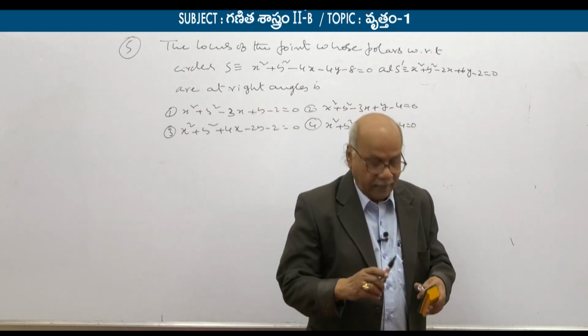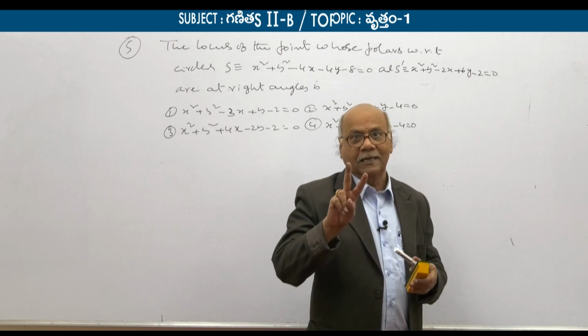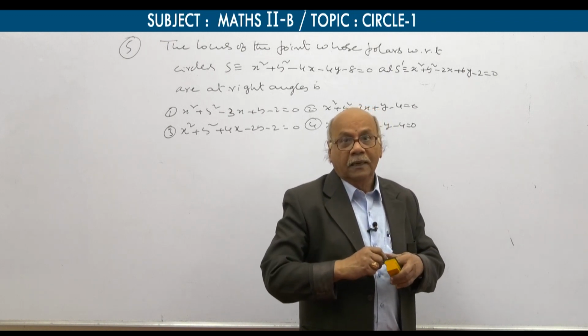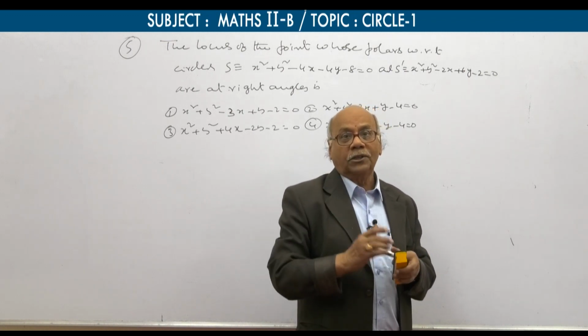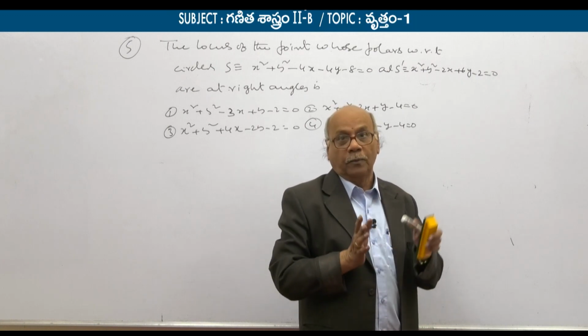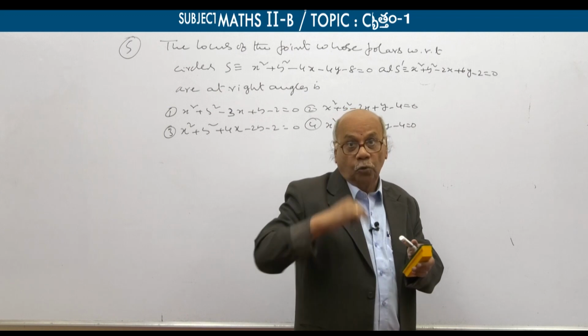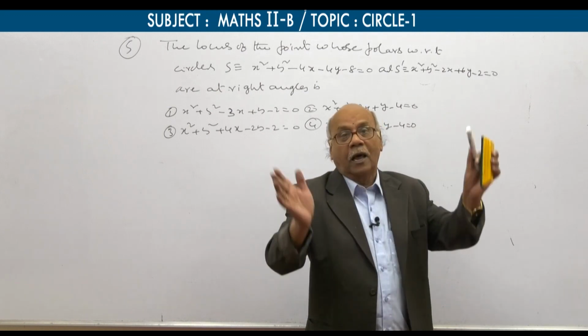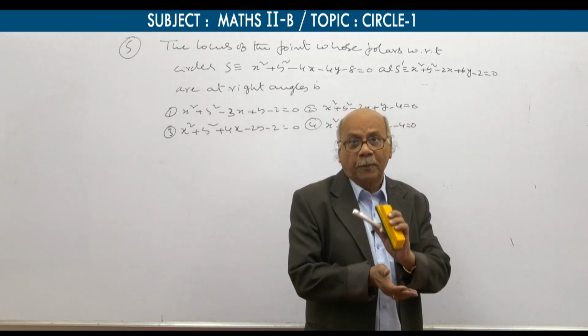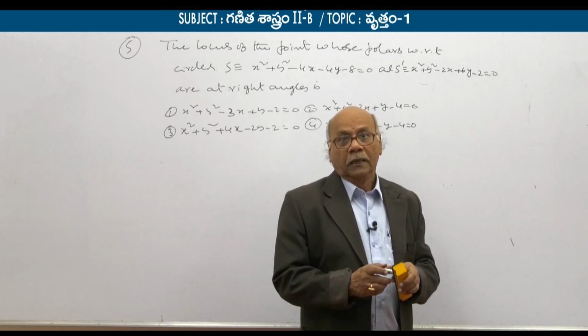The problem is here, you are given two circles. Now, he asked the locus of all those points whose polars with respect to the two circles must intersect orthogonally, that is, they must be perpendicular to each other.